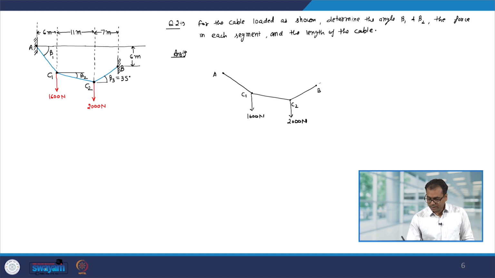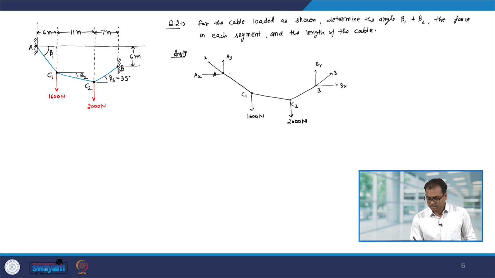Now, at point B you will have the force along the cable. So, let us call it B, and of course, I can divide it into Bx and By. Similarly, at point A we have a force along the cable, let us call it A, and you can divide it into the horizontal and vertical component. So, this is Ay and this is Ax.